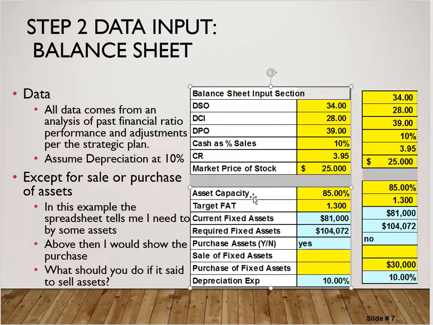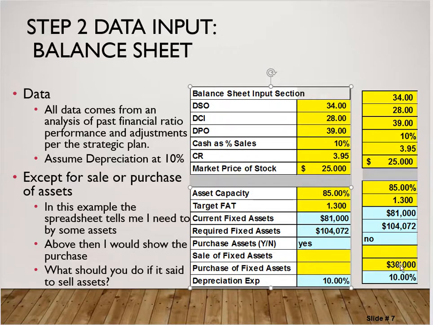Well, based on capacity, right? This company is working at 85% capacity, and they have a target fixed asset total ratio of 1.3. Their current fixed assets are 81,000, but based on these numbers, they actually need 104,000. So this thing says, yes, you need to buy some assets.